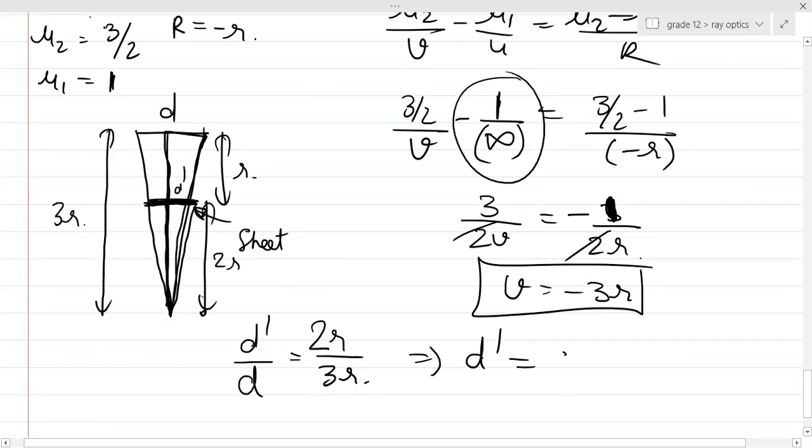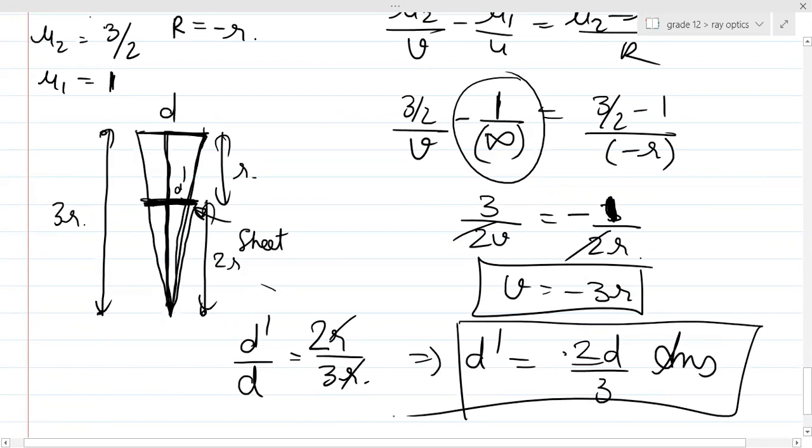The distance from here to here and the distance from here to here will be in the same ratio as d dash is to d. So this will become, can you see radius gets cancelled and d dash will be twice of d by 3. Clear? It is a little tricky but yeah, solvable.